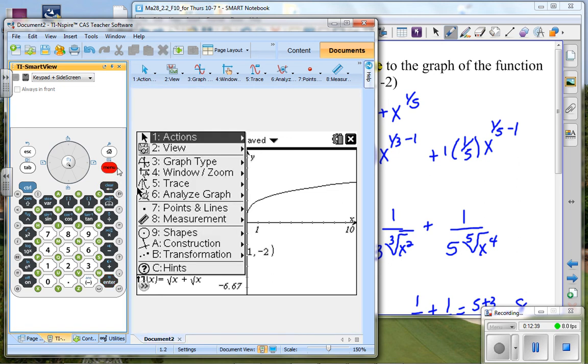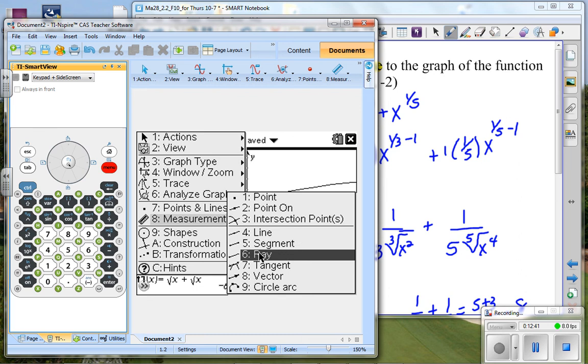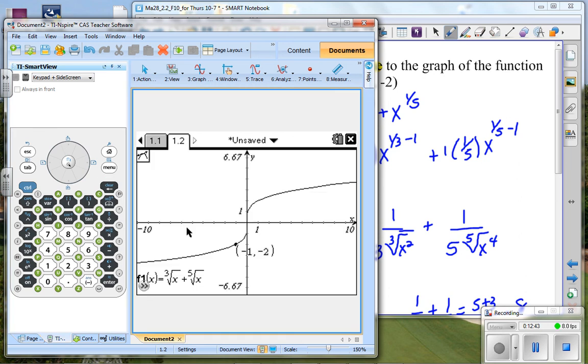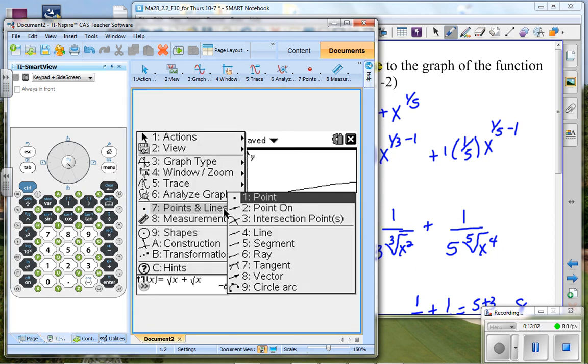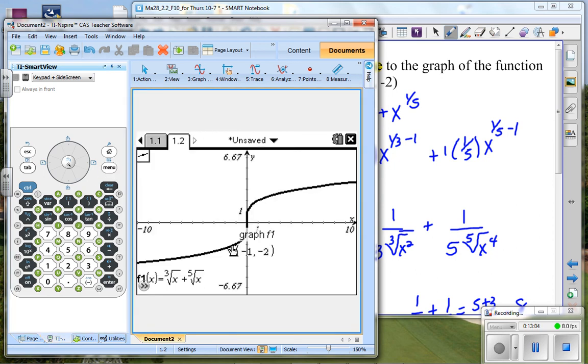The next step would be then to come down and do a tangent at that point, and there's a problem with putting a tangent down here. It must be something internal within the Inspire. So I'm going to have to fool it a little bit, and I'm going to put another point on and put it real close to that.